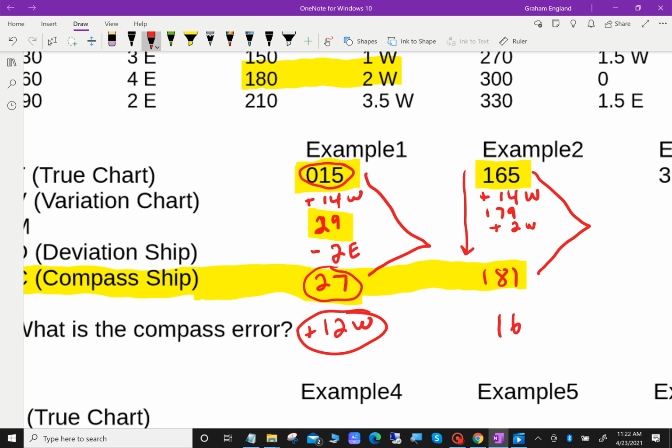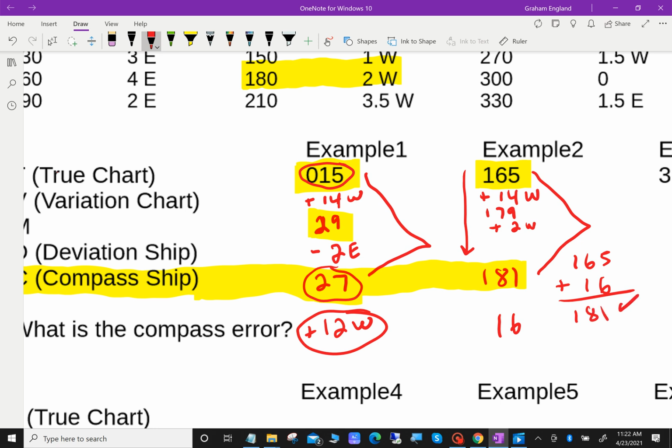Now we don't know whether it's 16 east or 16 west, so we do our little test. 165 minus 16, that gives us 149. That's wrong, right? Because it should give us 181. So 165 plus 16, that comes out to 181.